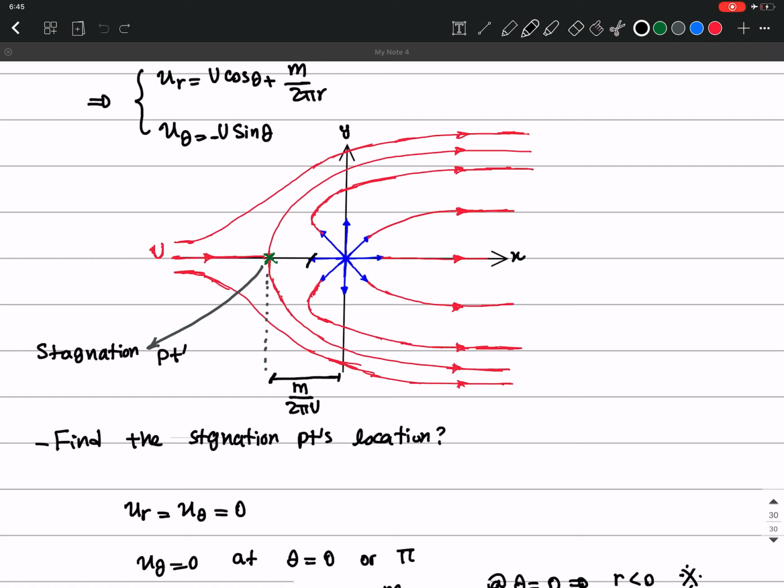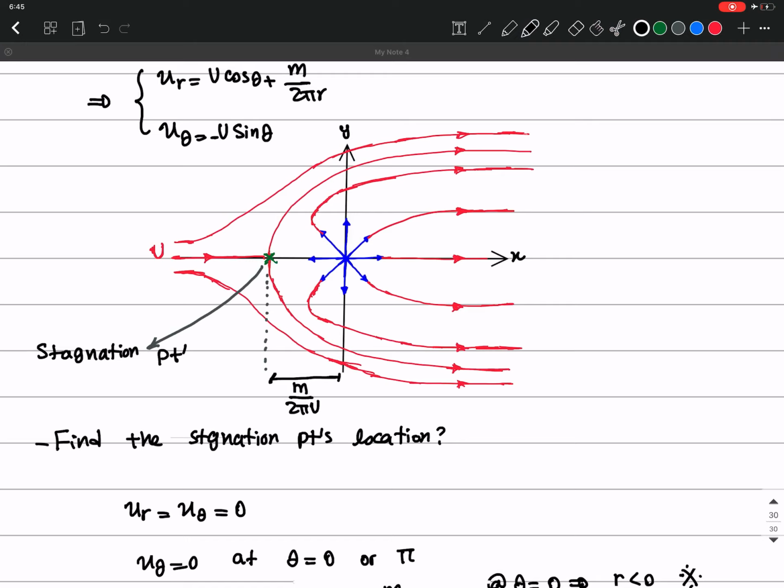So this makes sense. And same thing for U. If U is stronger, then this is going to again occur closer to the source. And if U is weaker, it's going to occur farther from the source. Okay, so this makes sense.